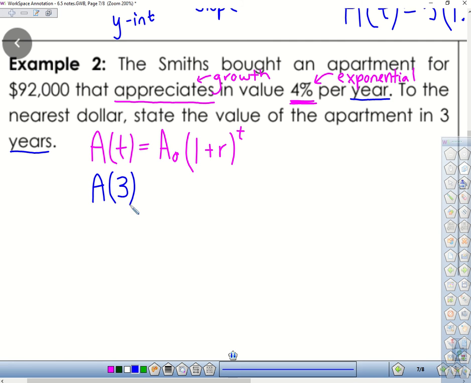So A of 3 is equal to the starting amount, which is $92,000, times 1 plus our rate. So what is our rate as a decimal? Good, 0.04. And then to the t power, and t is 3.